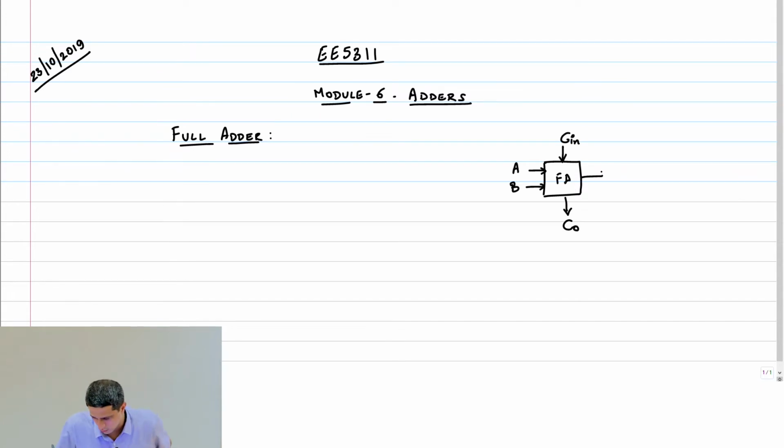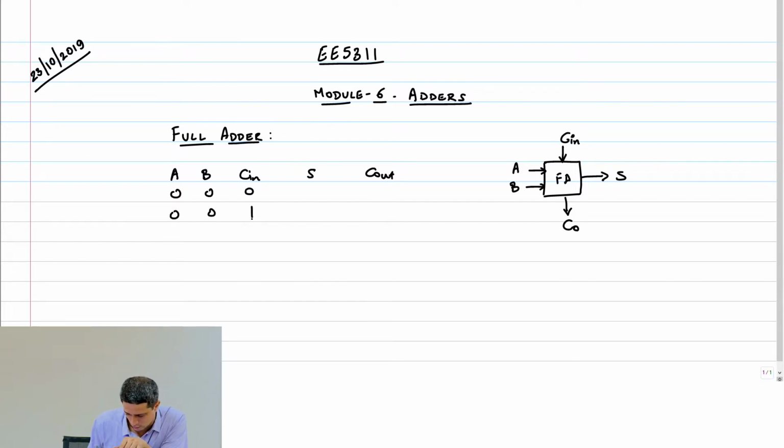And of course, it also gives you a sum. Okay? So let's put down the truth table of these signals. Sum, carry out.